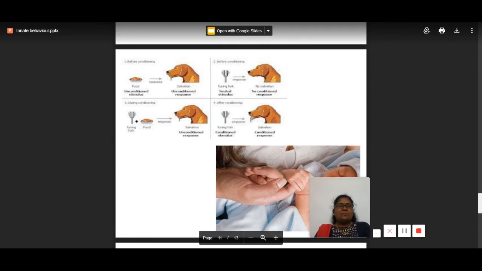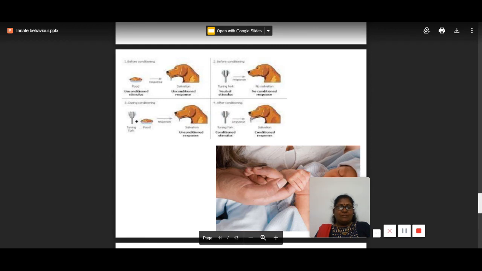These are some examples, and one example of the dog. Over time the dogs learned to associate the ringing of the bell with the food and respond by drooling.